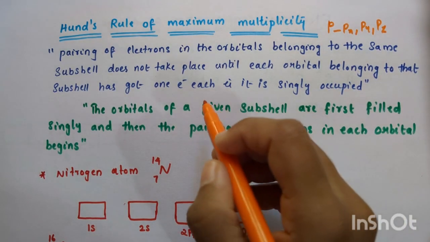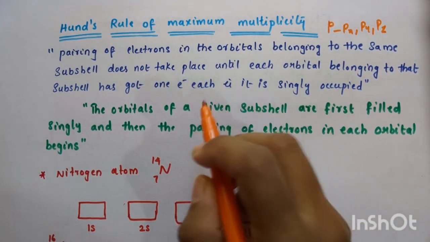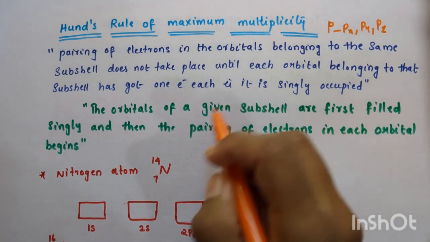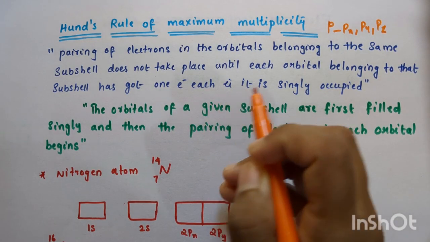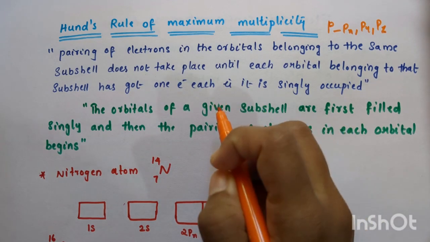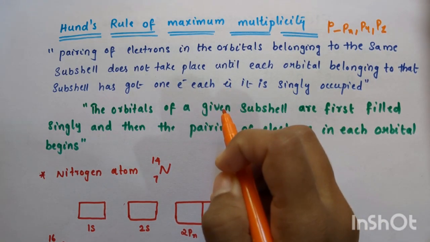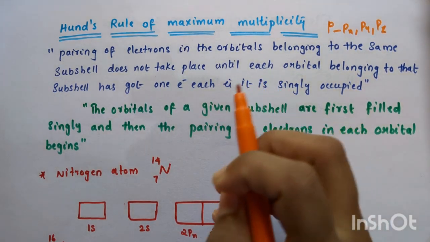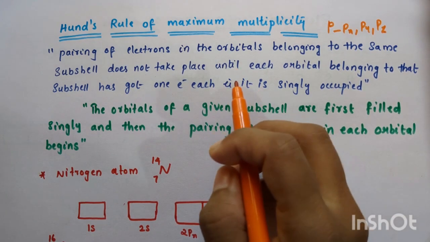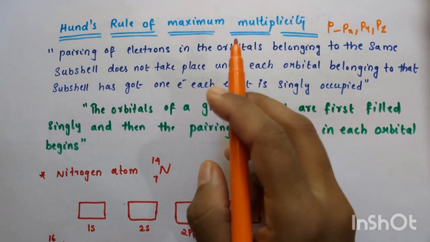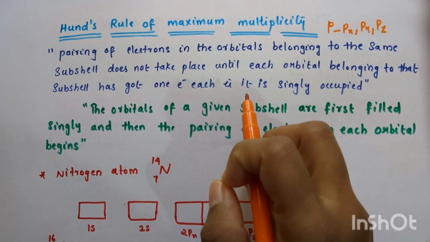That is, electrons first fill up singly, then only start to pair up. It means atomic orbitals tend to have more unpaired electrons as far as possible. A greater number of unpaired electrons offer maximum multiplicity. That is why Hund's rule is called the rule of maximum multiplicity.